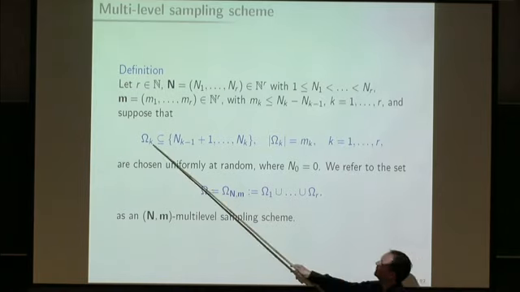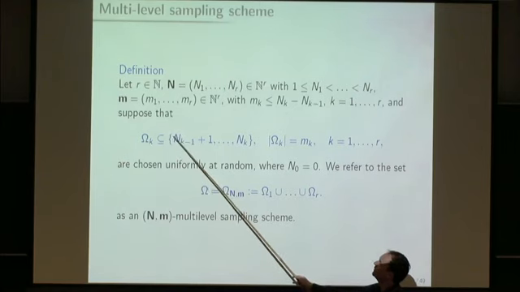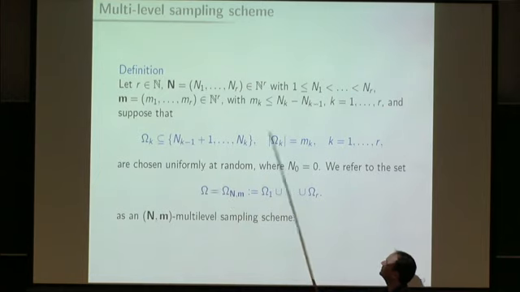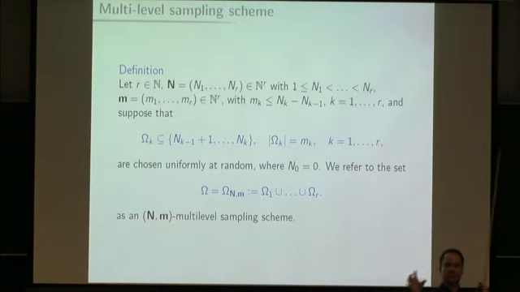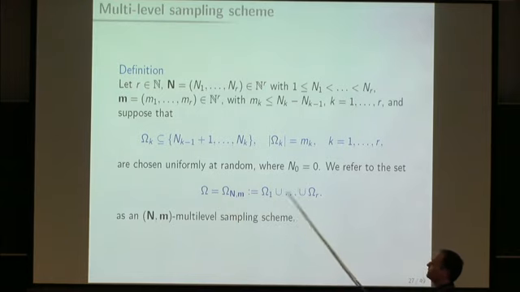And this omega K is a set of indices in this set, so that the size of this is MK. So they can be very different. The whole point is that we're going to tailor those according to the local sparsity and the local incoherence to get the optimal sampling strategy. And then your total sampling, your omega, is simply the union of all these different things.